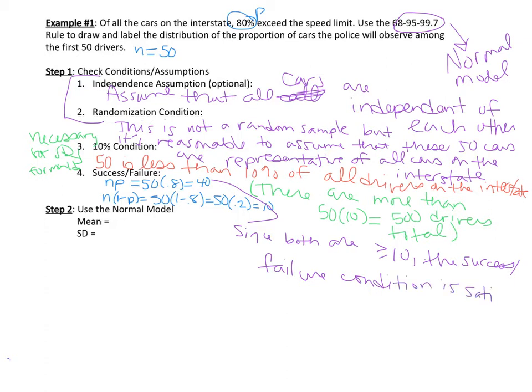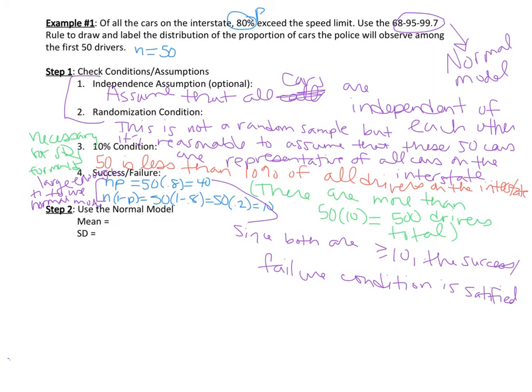And what the success-failure condition does is it tells us that our sample size is large enough to use a normal model. So this is a very important one to check. You can't just automatically use the normal model without checking this. It says large enough n to use the normal model, by the way. Didn't come in very well.